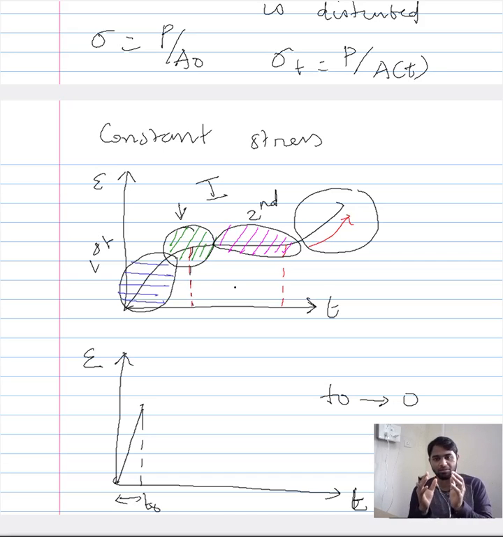So the creep you can call as three stages: primary stage, secondary stage, and the tertiary stage. In the primary stage, it comprises two parts.